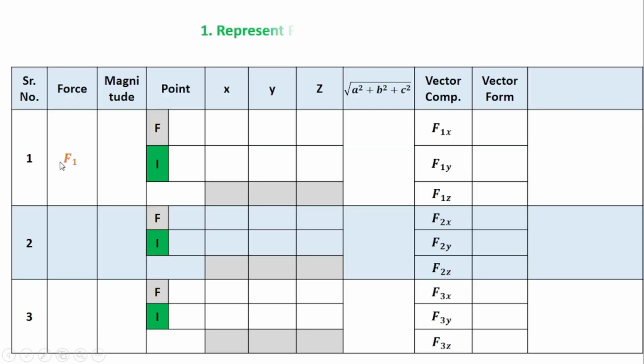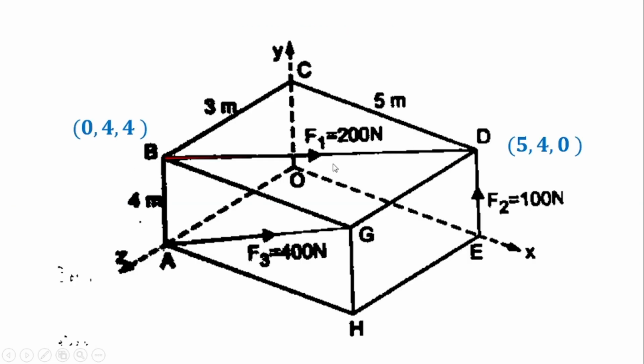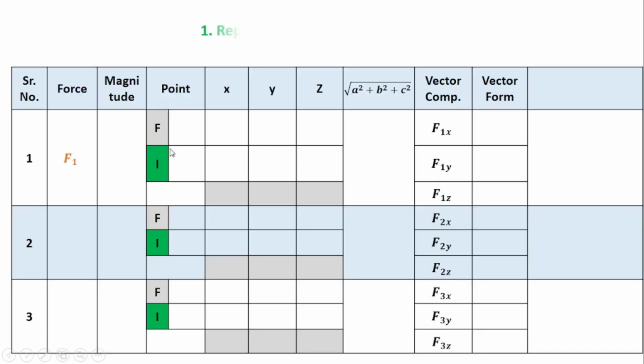So the magnitude of F1 is 200 Newton. See here, 200 Newton is given. The initial point for the force F1 is B and the final point is D. Now write down the coordinates of D, 5, 4, 0 and for point B it is 0, 4, 3.